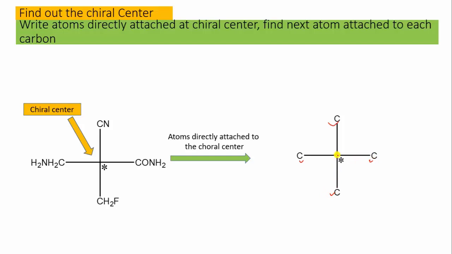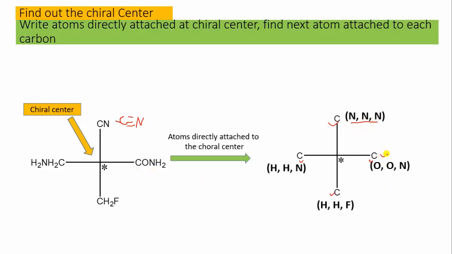So we have to check the next atoms attached to each carbon atom. So here, this carbon is attached with 3 nitrogen, because this carbon is attached with a carbon triple bond N, so you have to triplicate the atom, so 3 times nitrogen.